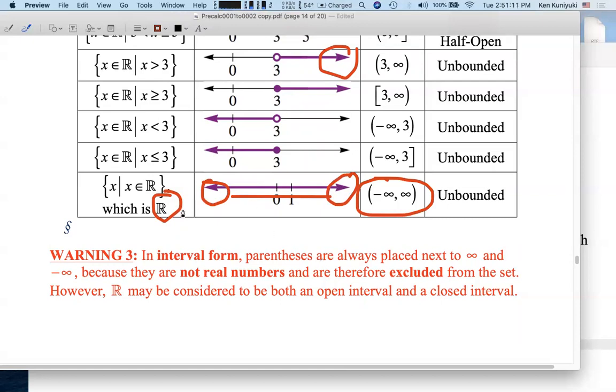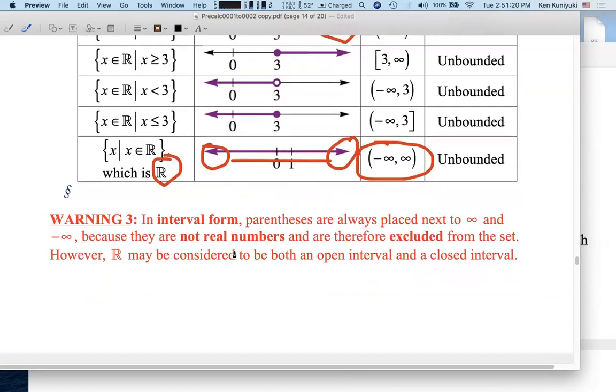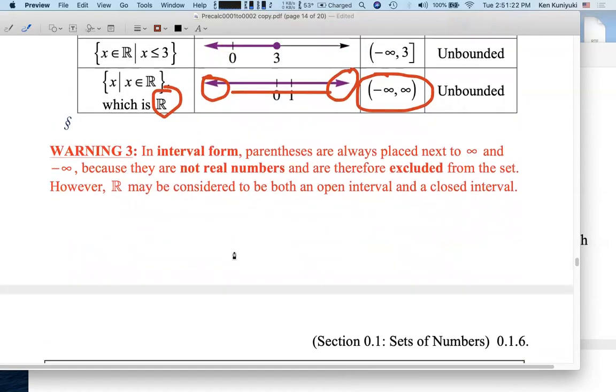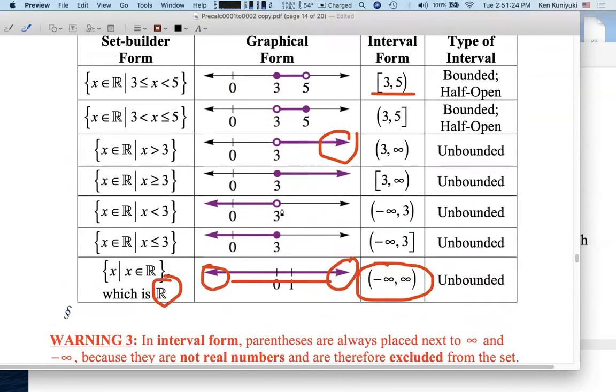By the way, R and also the empty set are both closed and open at the same time. It's kind of weird. All right. Next up, we're going to talk about operations combining and manipulating intervals of real numbers next time.